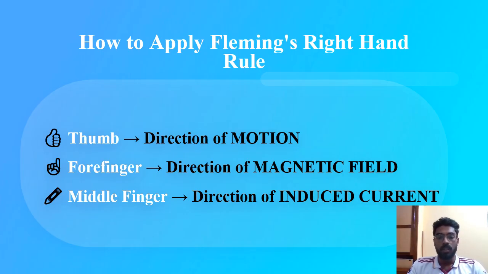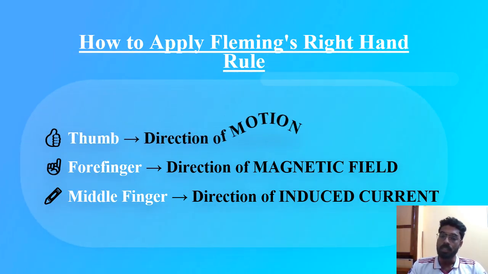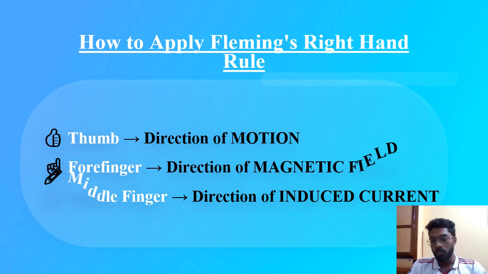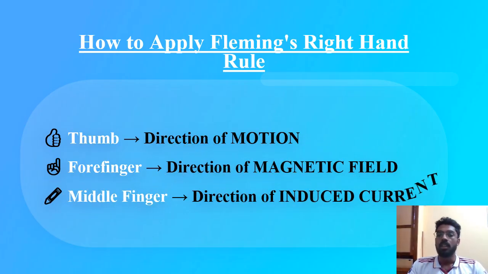In Fleming's right hand rule, we have three fingers, that is the thumb, forefinger, as well as the middle finger. What's the purpose of these three fingers? We can show our thumb to represent the direction of motion, our forefinger to represent the direction of magnetic field, whereas our middle finger represents the direction of induced current.